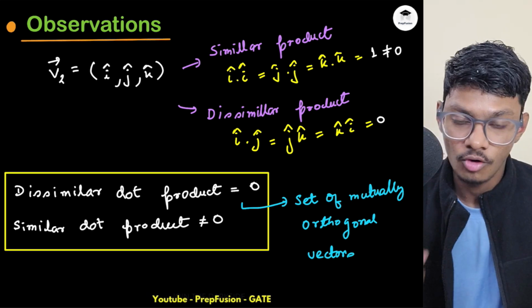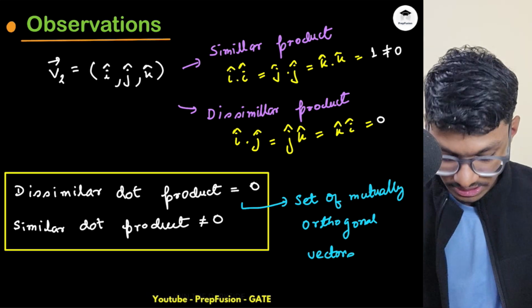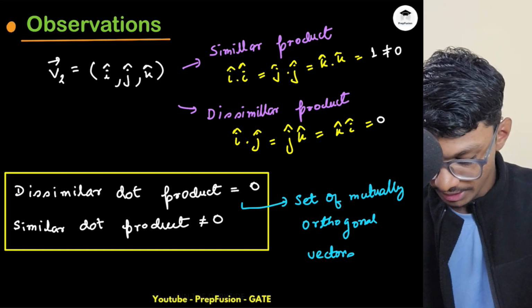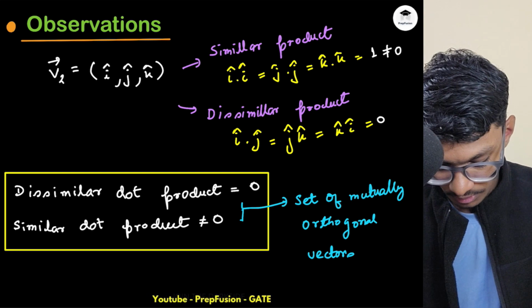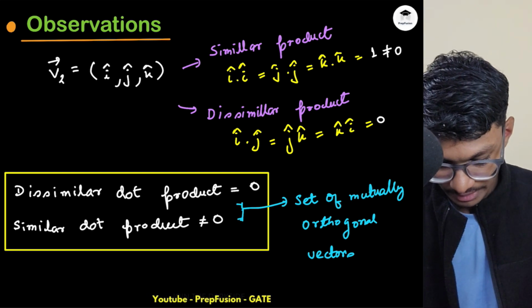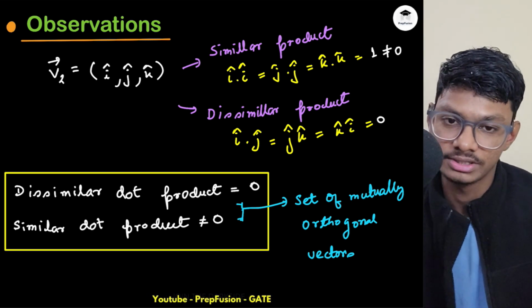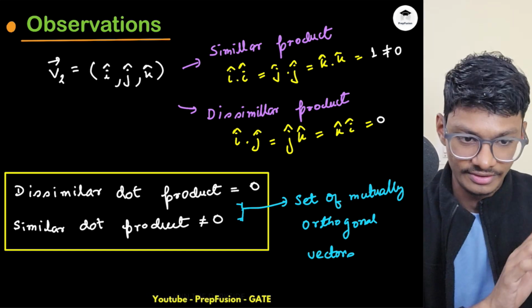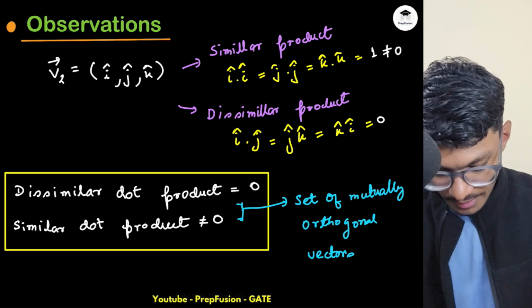Also, for it to be orthogonal, the similar dot product should not be equal to 0, so these two conditions have to be satisfied. Now if a set of vectors is mutually orthogonal, then they are also linearly independent vectors.